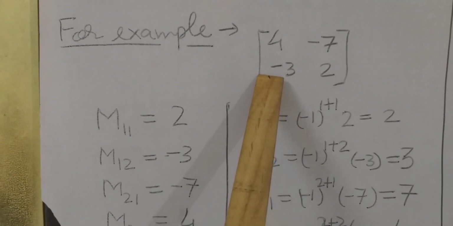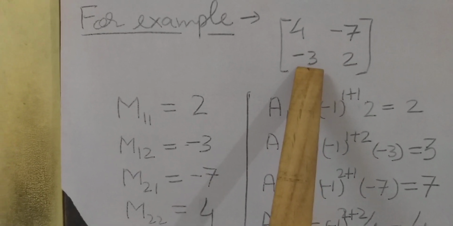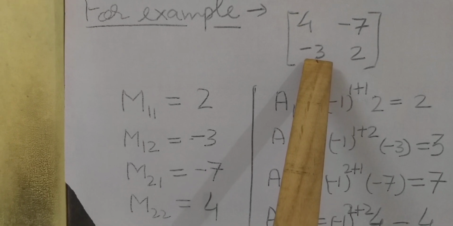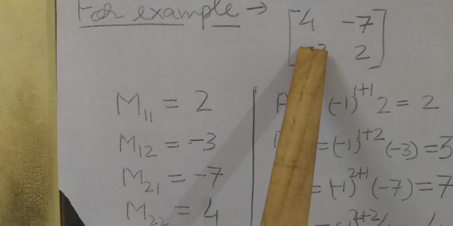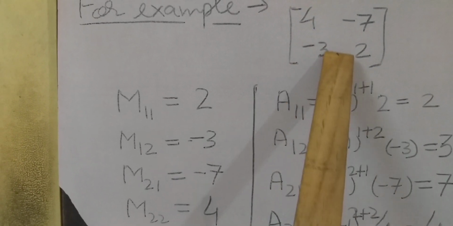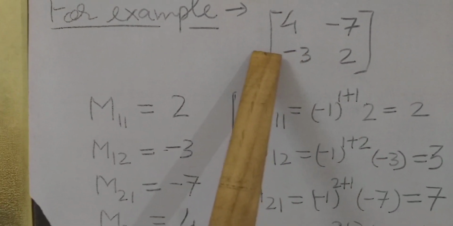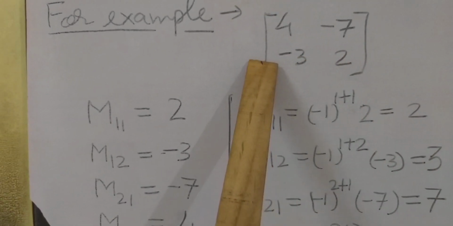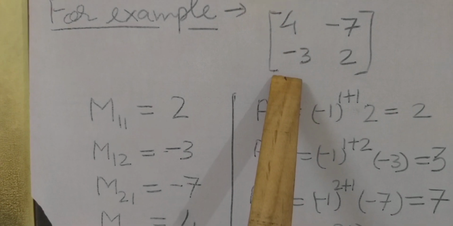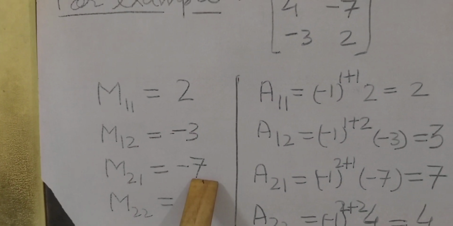Now, students, the minor of a21, minus 3. We have to delete its row and column. So this row and this column will be deleted. What is left is minus 7. So its minor is minus 7.